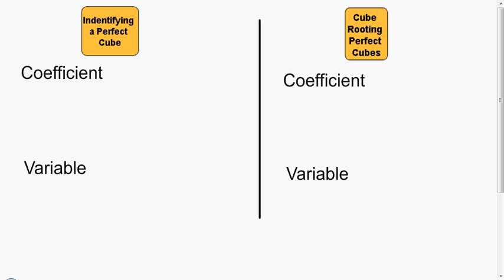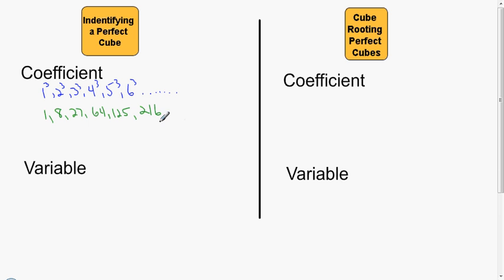In terms of identifying a perfect cube that is a constant, or the coefficient of a term, we need to realize that the perfect cubes are generated somewhat like the perfect squares, which were 1 squared, 2 squared, 3 squared, except they're going to be 1 cubed, 2 cubed, 3 cubed, 4 cubed, 5 cubed, 6 cubed, etc. More importantly, these numbers become 1, 8, 27, 64, 125, and 216.